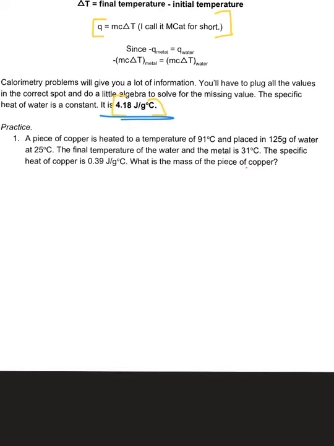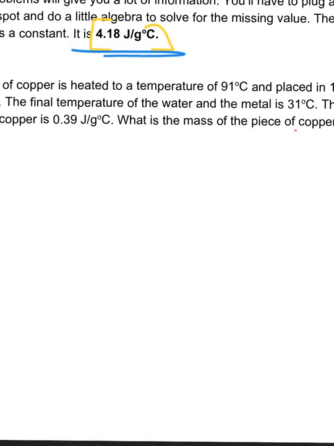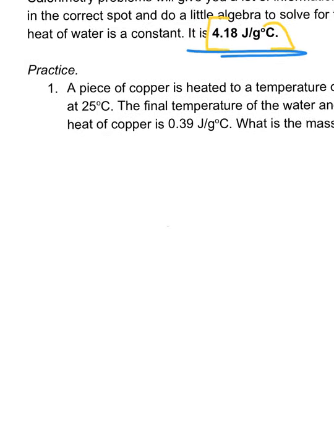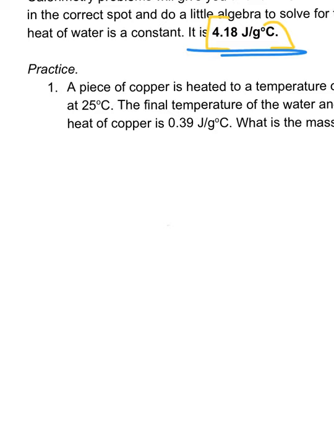So remember, negative Q of the water. Let me make it a bit bigger. I'm going to have to write all the way across. I'm going to give myself plenty of room. So we have negative Q of the water. So we're going to have negative mass, that's what we're solving for, times specific heat of the copper times change of temperature of the metal.